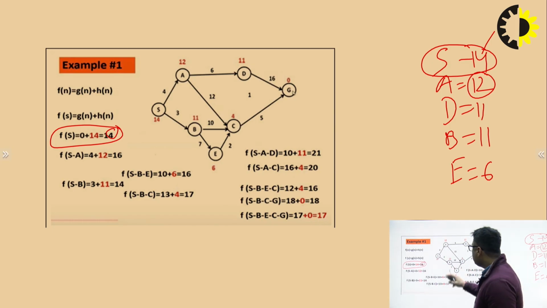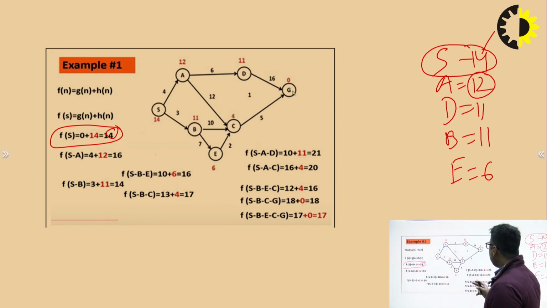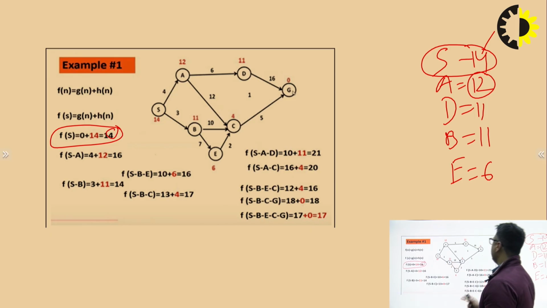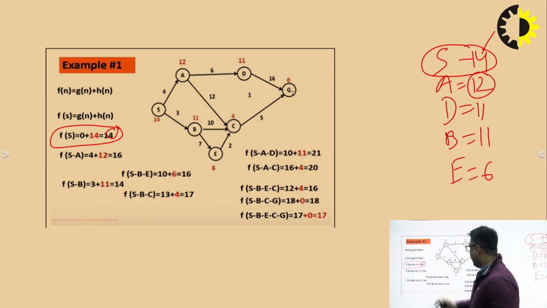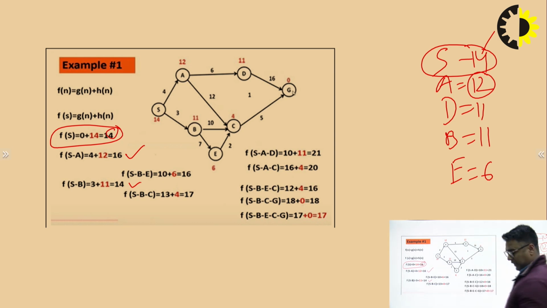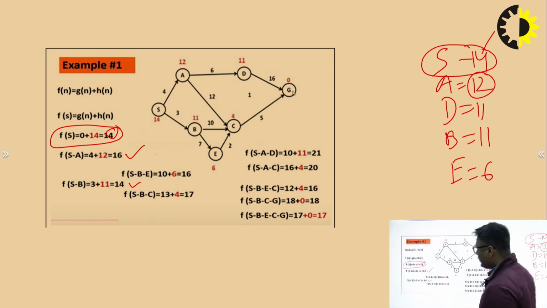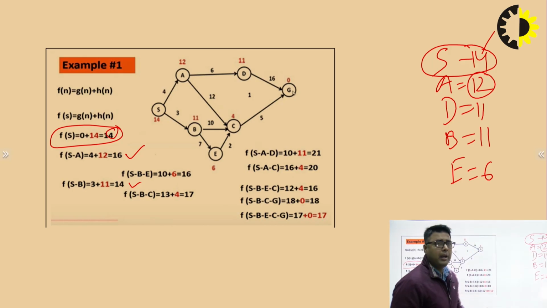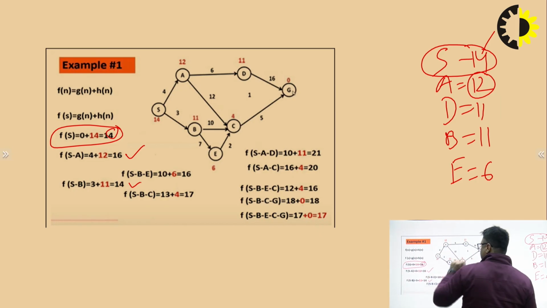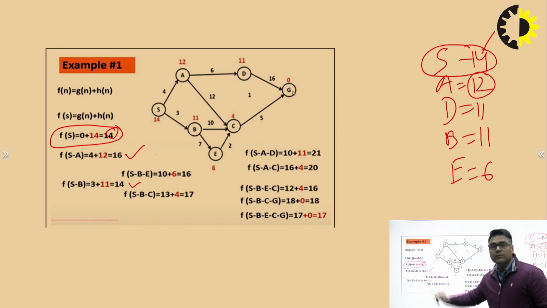Then I have to decide where to move from S. Two paths are divided: one path is S to A, and another is S to B. Going through S to A, the cost from start node to goal node is 16, and S to B is 14.